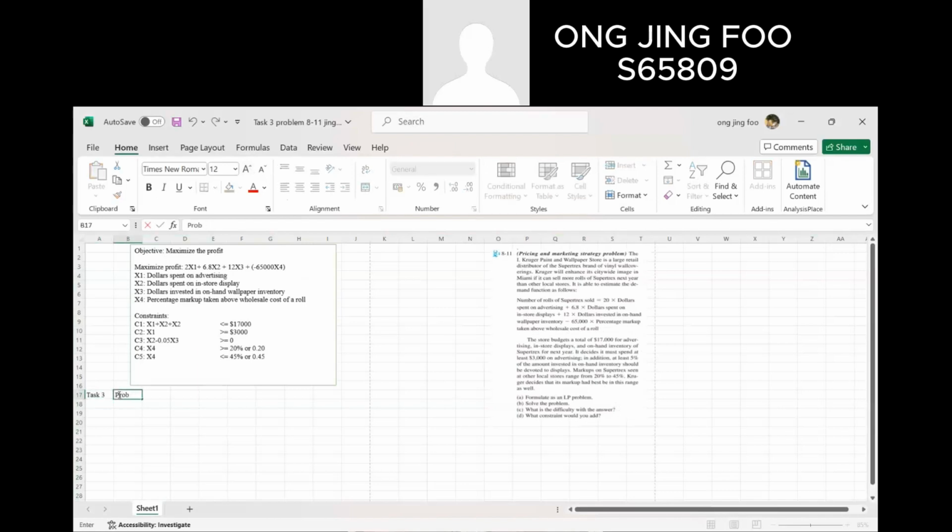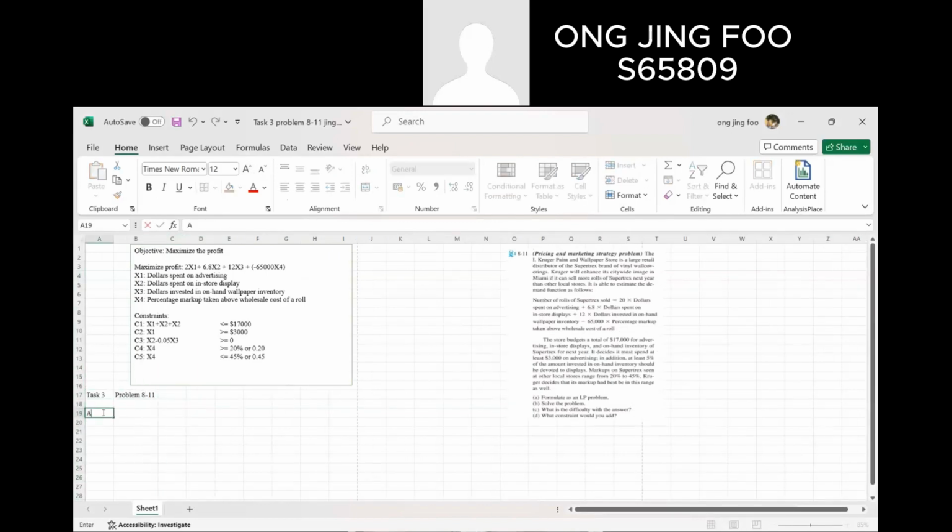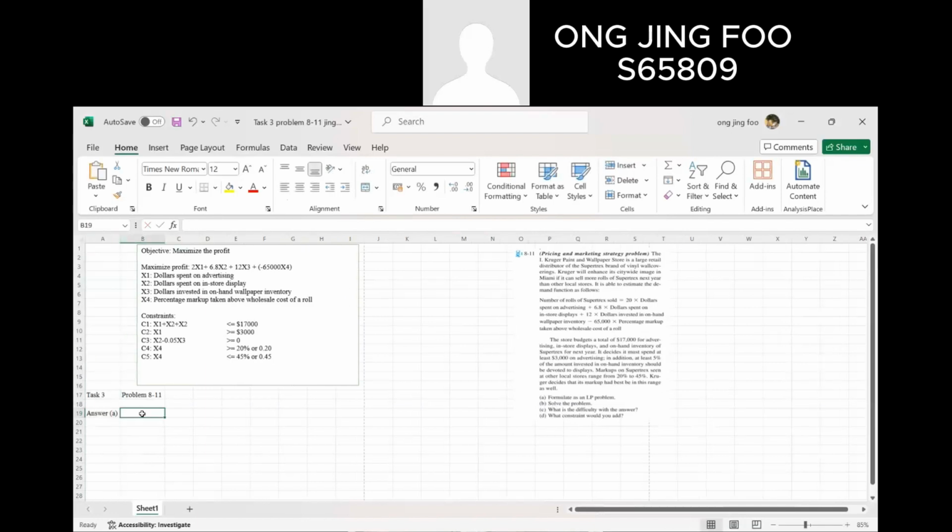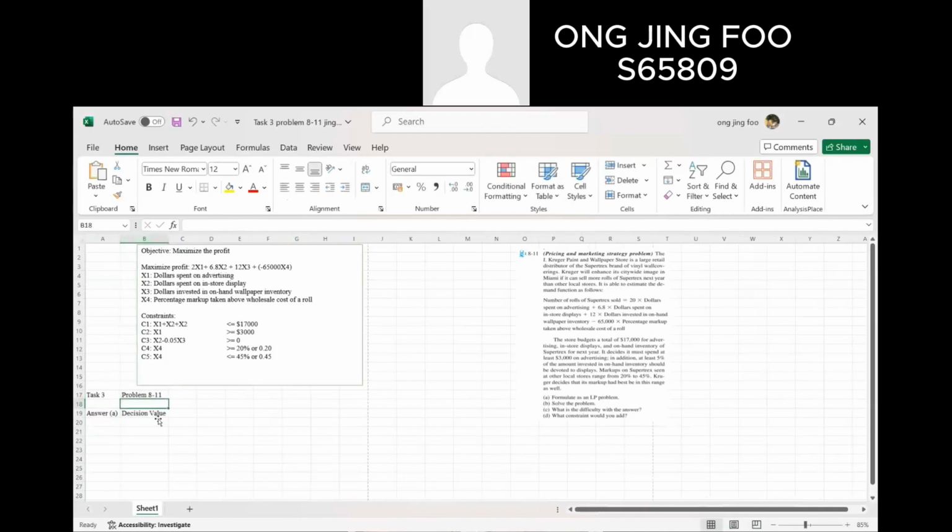Problems 8 to 11, answer A. Right, first, we write down the decision value first. So we use x1, x2, x3, and x4 to represent it.